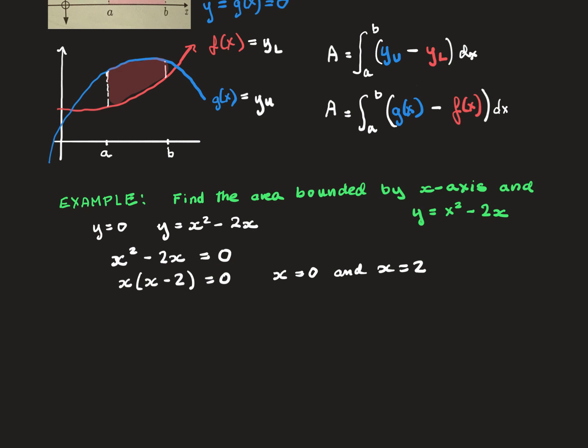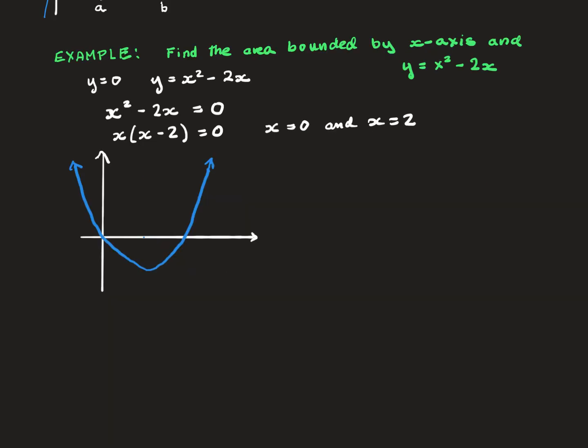You need to first of all draw the curve. And you might have used a graphics calculator to draw these two curves, but we know that it'll cut at 0 and we know that it'll cut at 2. And now we're able to see that what we want is the area below the x-axis.